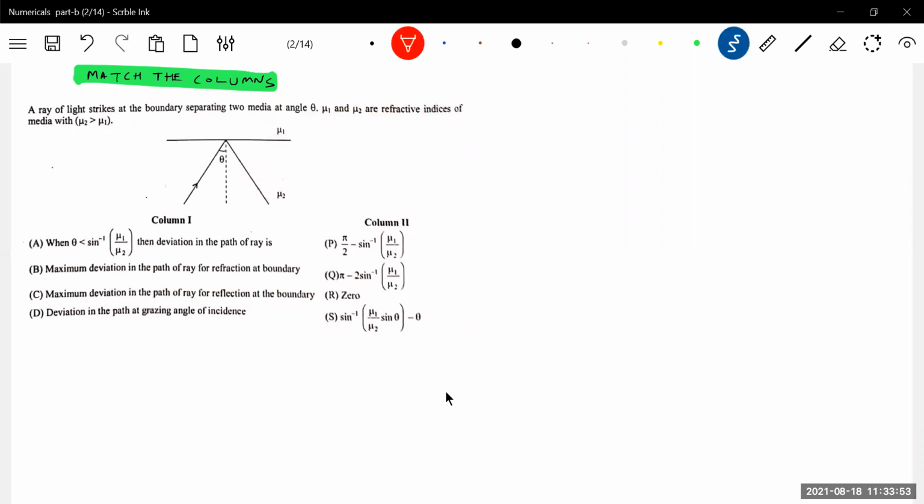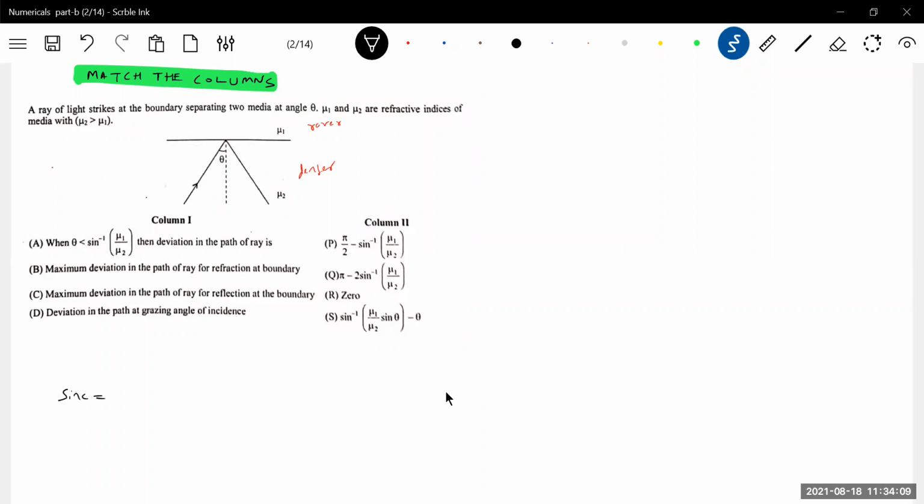Okay, this is denser, this is rarer. So what is the critical angle? We'll define it.